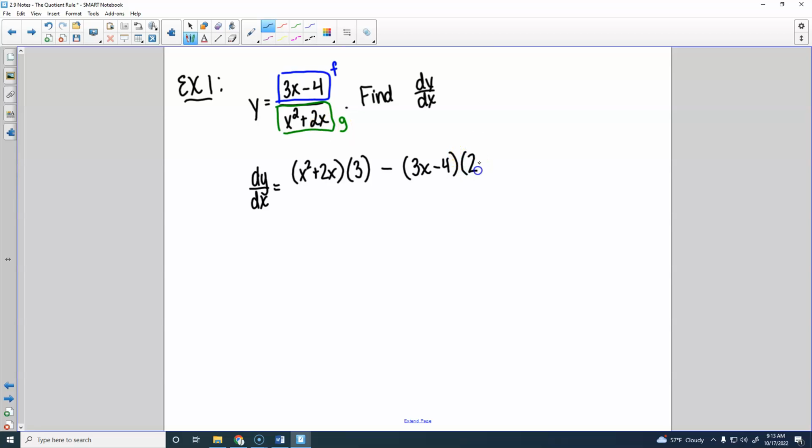So that would be 2x plus 2. All over low squared. So x squared plus 2x.